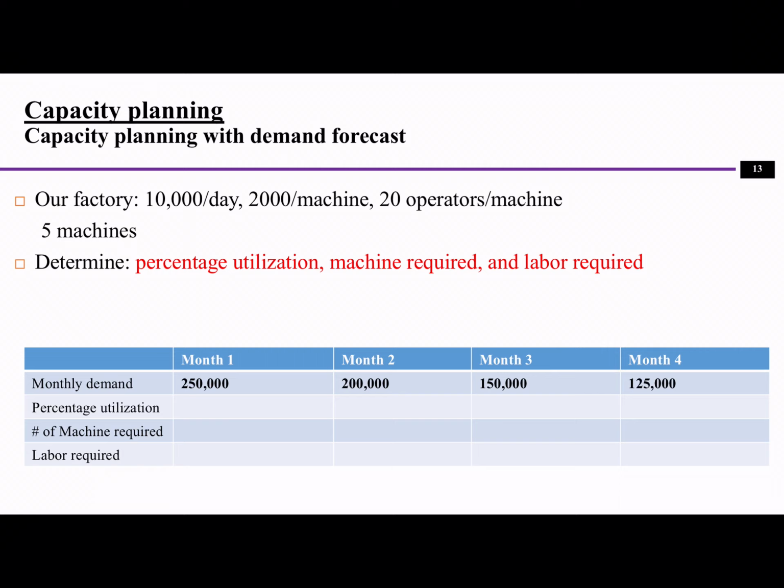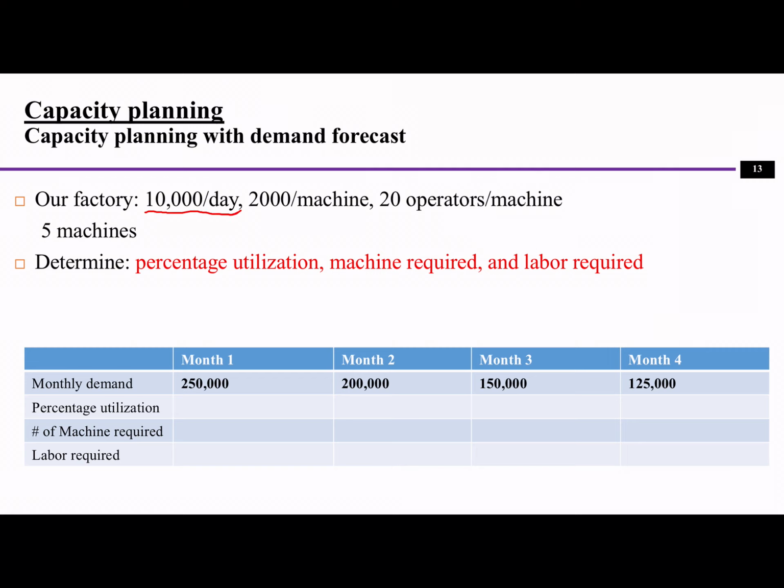Now, in this table, we listed the monthly requirements, or monthly demand, from the customers. In the first month, we need 250,000. In the second month, 200,000. Third month, 150,000, and month 4 is 125,000. All right. So in order for us to plan out our labor and our machines, first we want to find out the percentage utilization rate of our capacity.